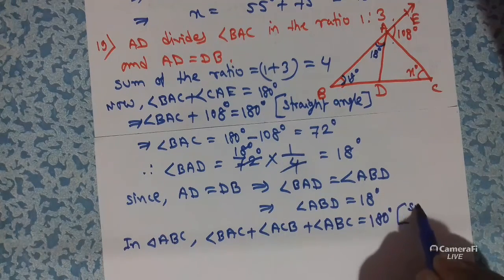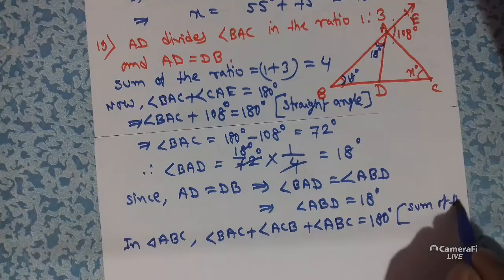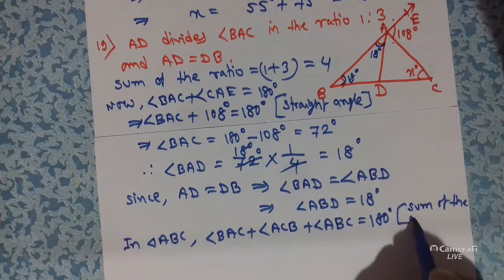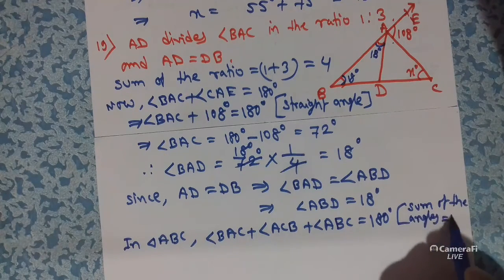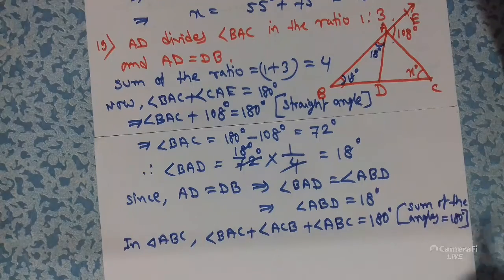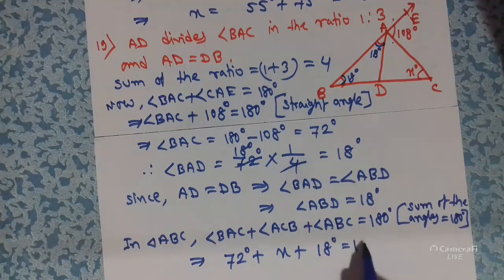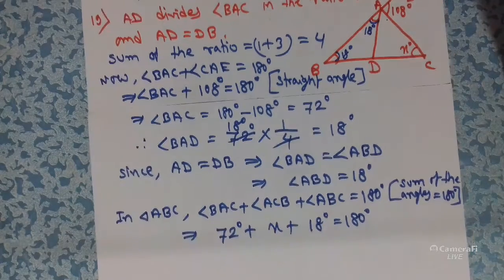Why? Because the sum of the angles of a triangle is 180 degrees. So angle BAC is 72, ACB is x and ABC is 18, equal to 180.